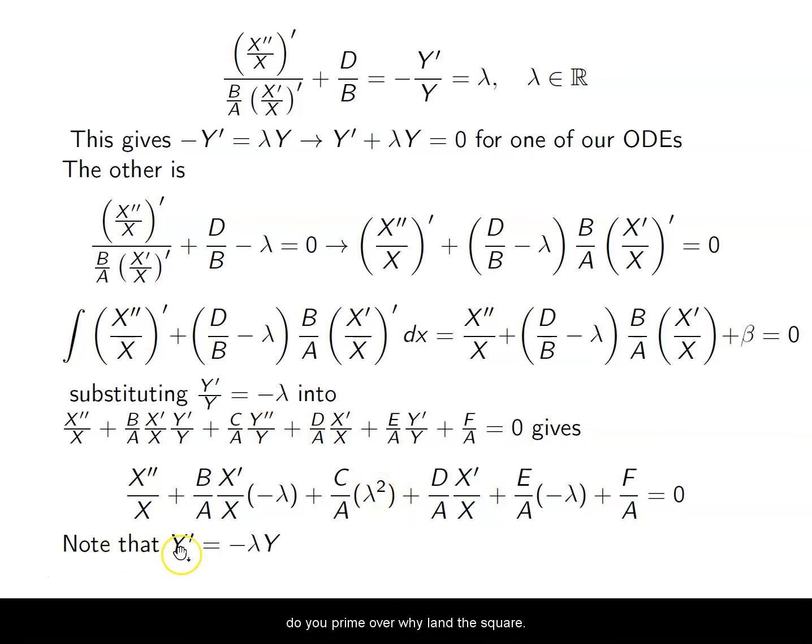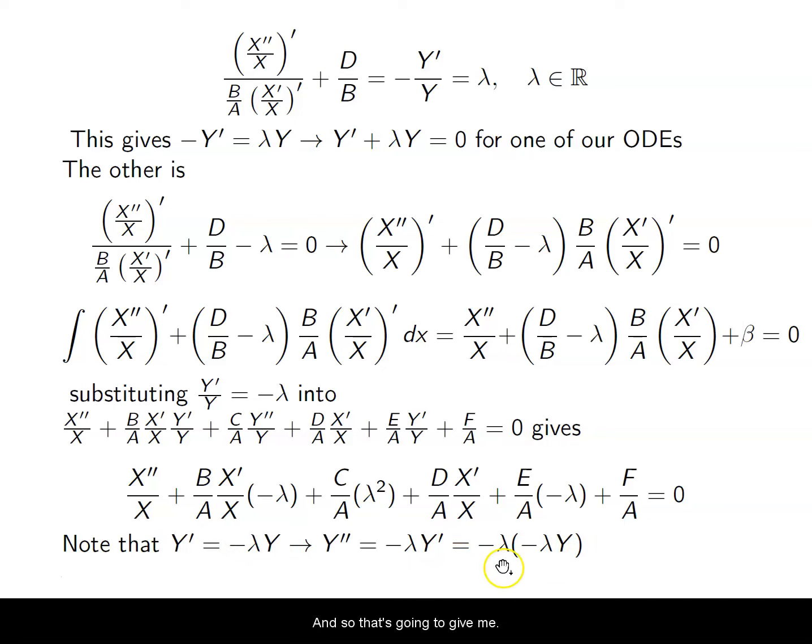Okay. So we know that y prime is negative lambda y. So if I take the second derivative of this, I'm going to get negative lambda times y prime, right? Because lambda is a constant, and y is a function of x. I know what y prime is, it's negative lambda y, so I'm going to substitute that into here.